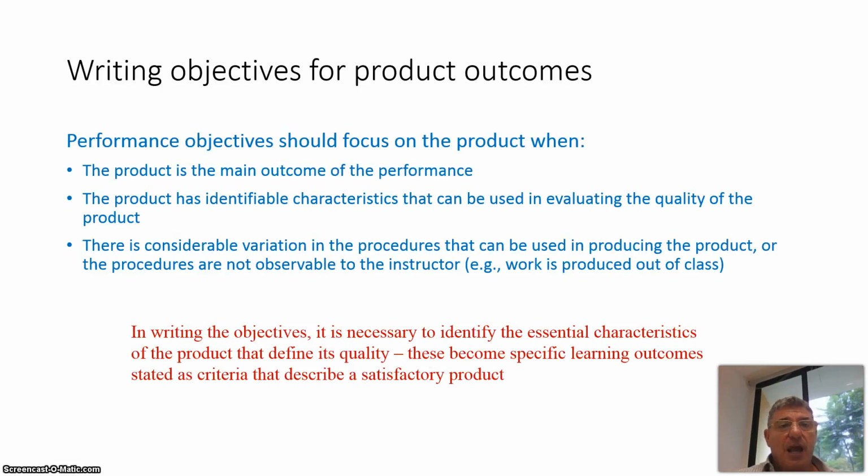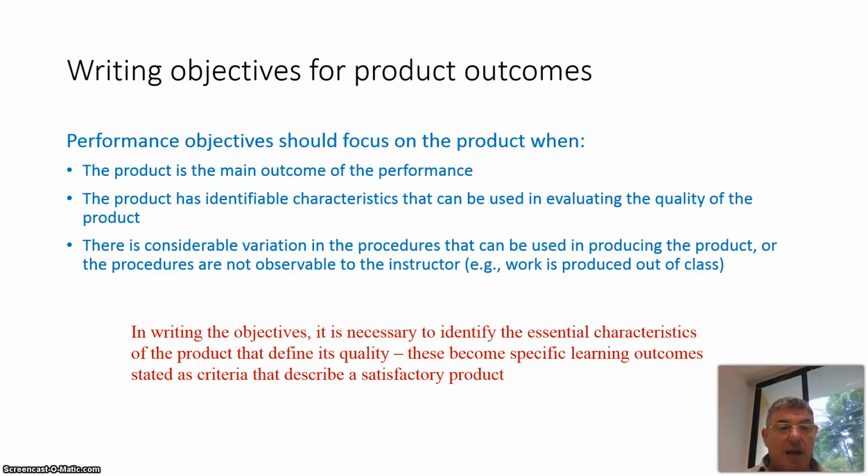Let's move on. Okay, now what about product outcomes? Well, in a sense, this is perhaps easier because we've got an actual product. So if we're asking students to write a report, we've got something very tangible. And again, it's analysing those characteristics that are key to the performance, which is assessed by the product.